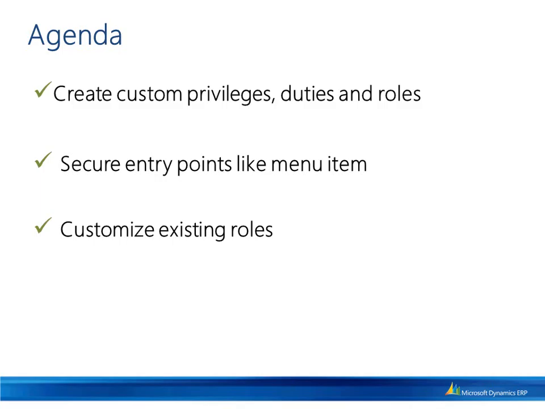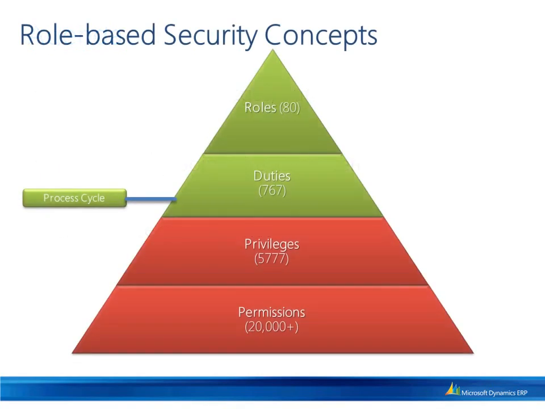But before that, let's look at the role-based security concepts. As you know, the security model in AX 2012 is a complete overhaul compared to 2009. It now uses a role-based pattern to configure user access levels. At a high level, the model is broken out into 4 artifacts: permissions, privileges, duties, and roles.